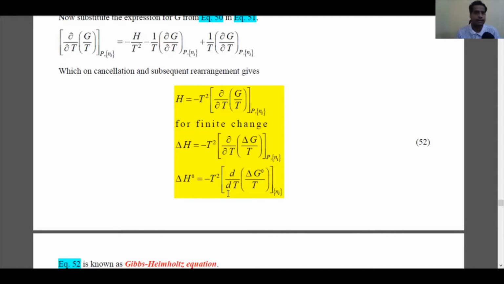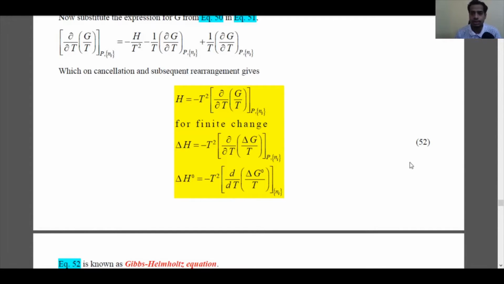At standard state the pressure is 1 atmosphere or 1 bar. So there is only one variable, that is the number of moles of the different species present. So there is no need to mention partial derivative, we can represent it with a normal derivative.